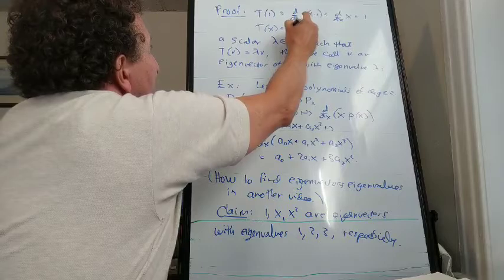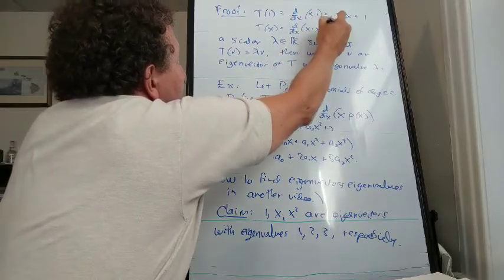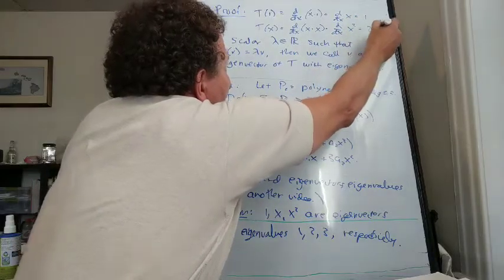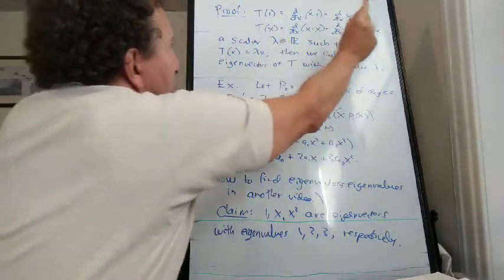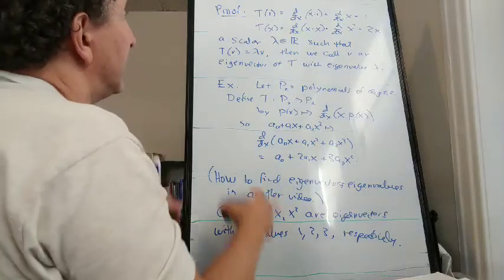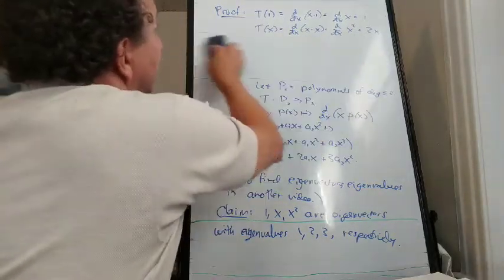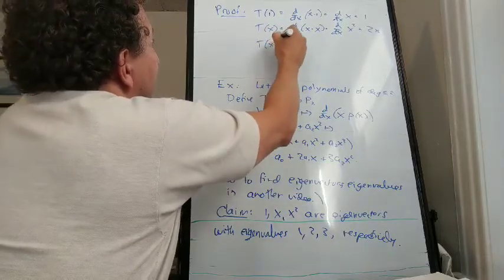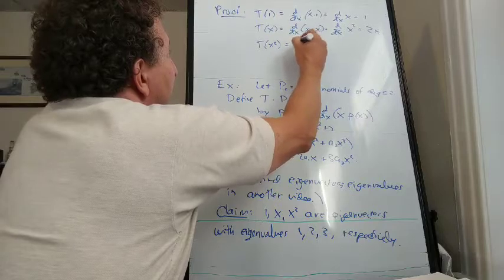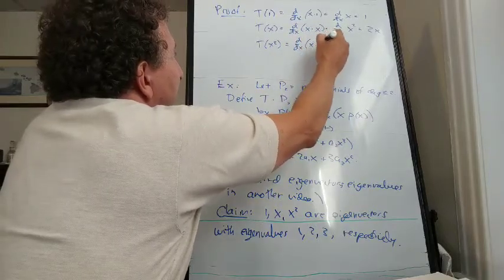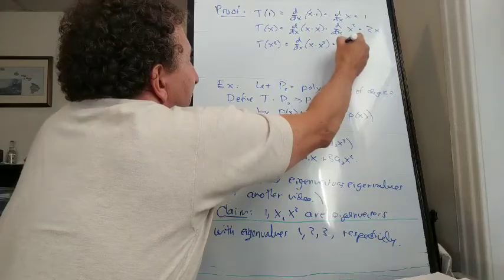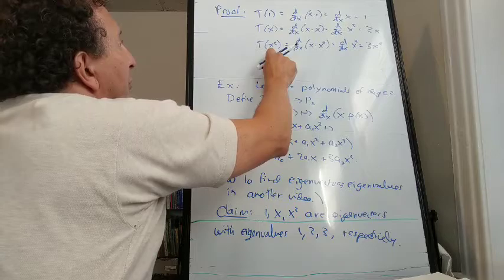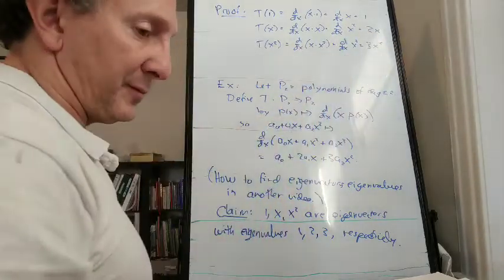T of x is derivative of x times x, which is the derivative of x squared, which is 2x. So x got mapped to 2 times itself. T of x squared is derivative of x times x squared, which is derivative of x cubed, which is 3x squared. So x squared got mapped to 3 times itself.